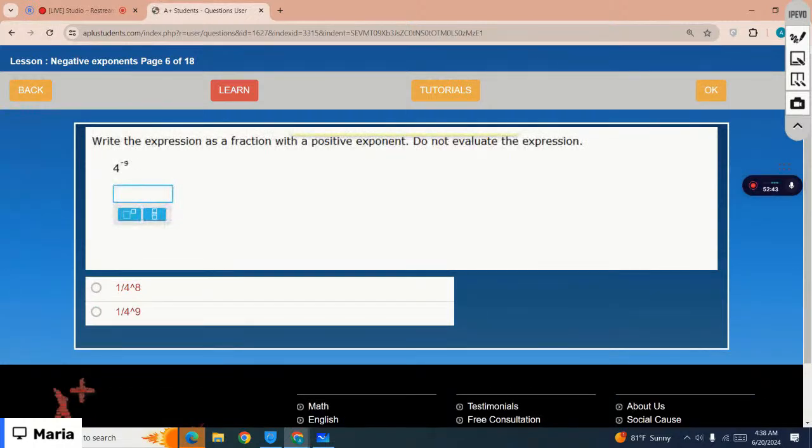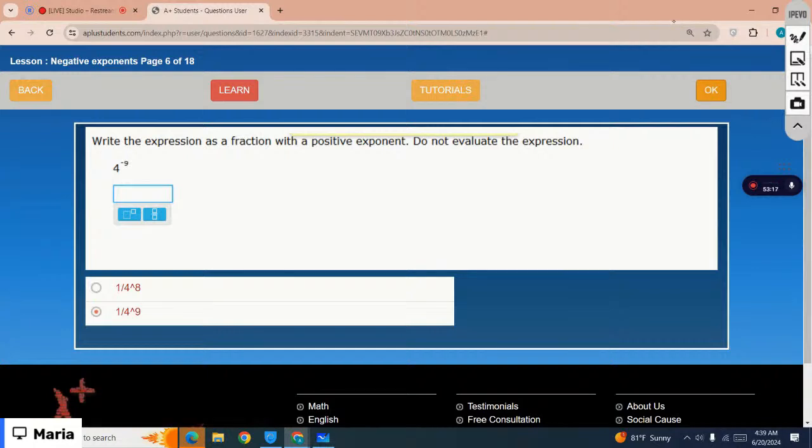4 exponent negative 9, which is the correct option? Option number 2 is the correct option.